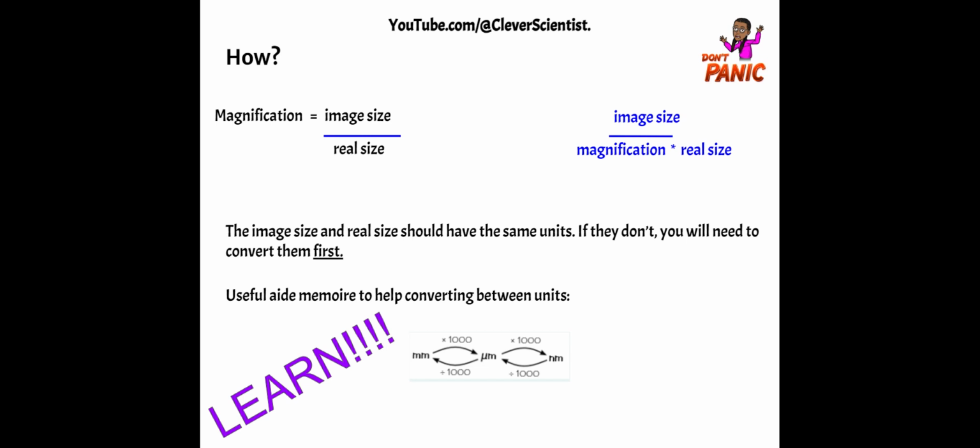If you're going from micrometres to millimetres, you've got to divide by 1,000. If you're going to convert micrometres to nanometres, you've got to multiply by 1,000. And if you're going to go from nanometres to micrometres, you've got to divide by 1,000.